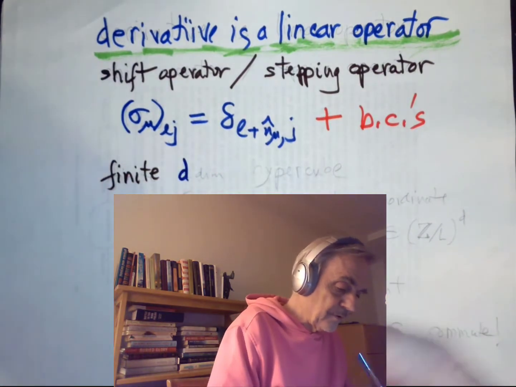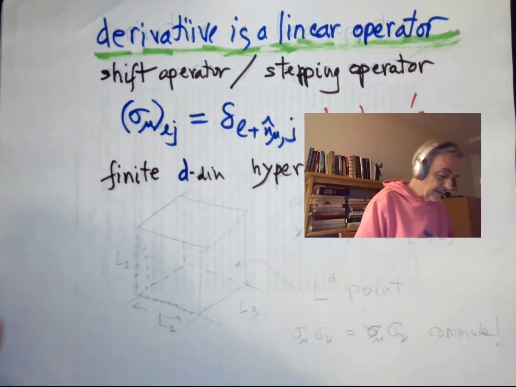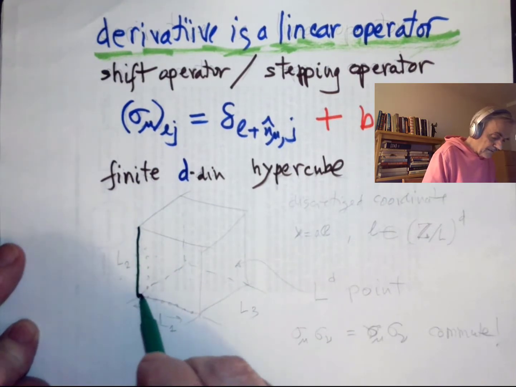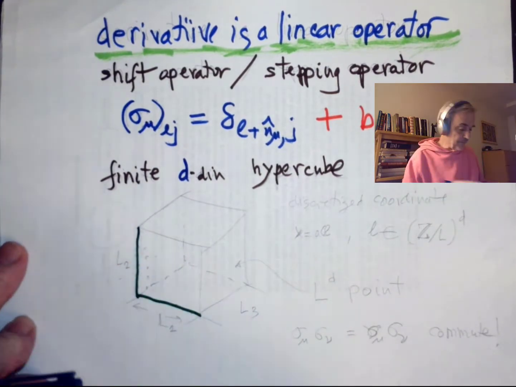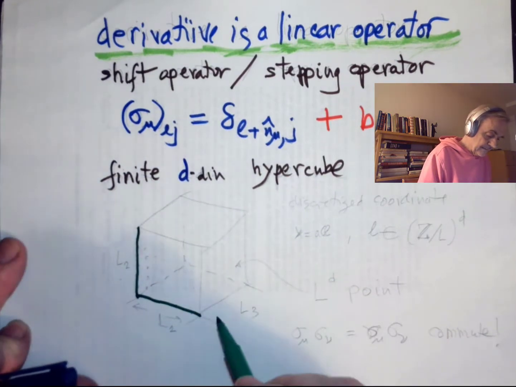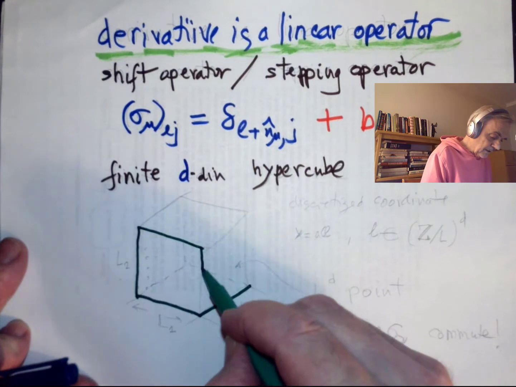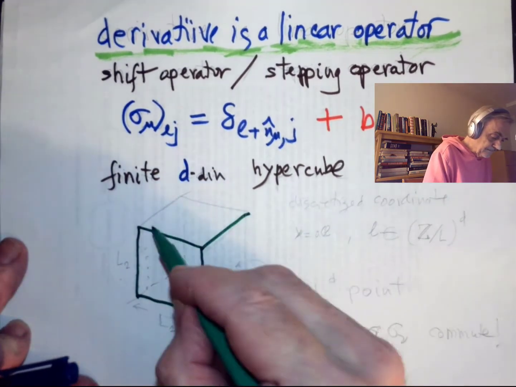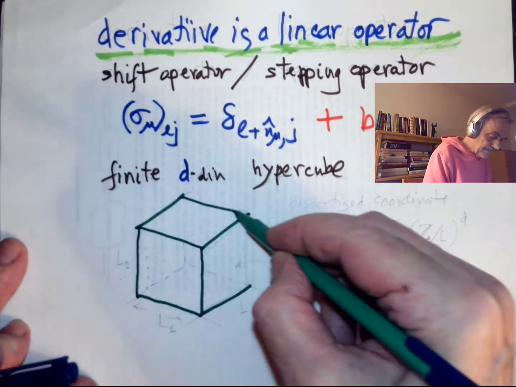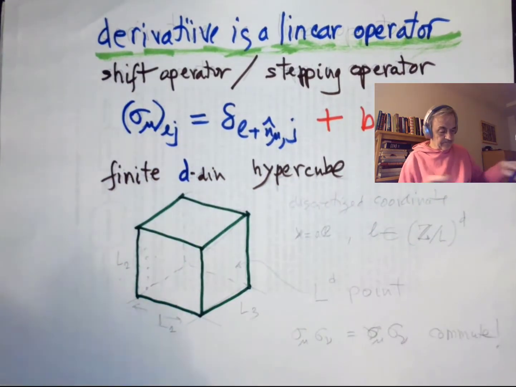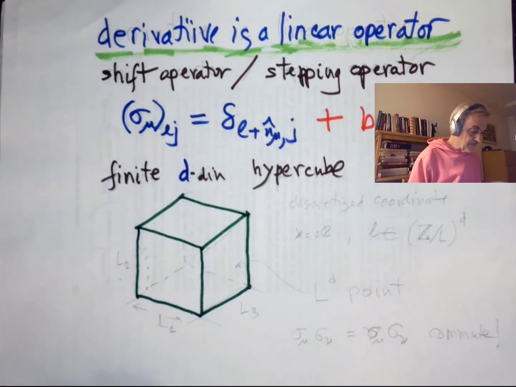If you're in a finite d-dimensional hypercube, meaning you take your space, the continuum space you started in, and you cut out a cube in that space, which is some distance in the 3 dimensions.